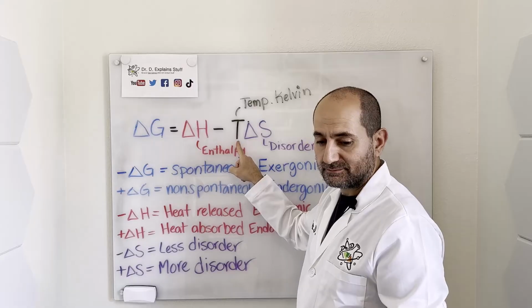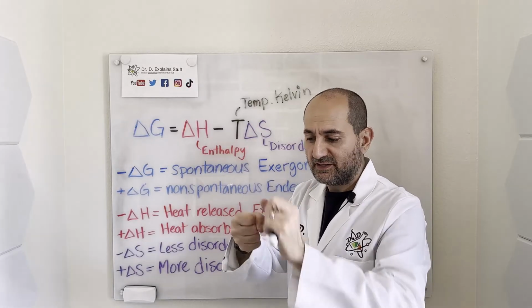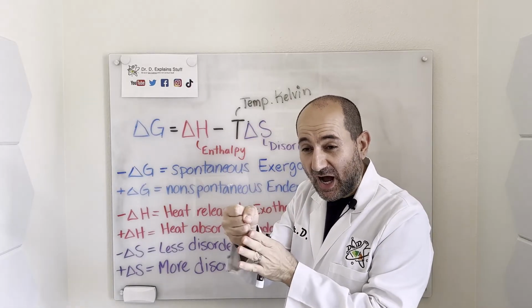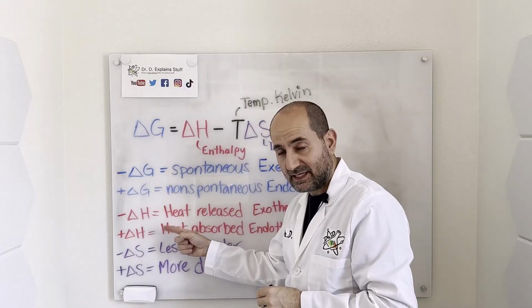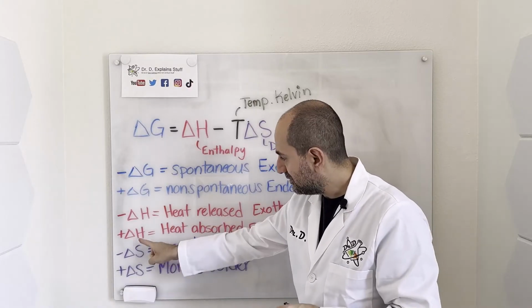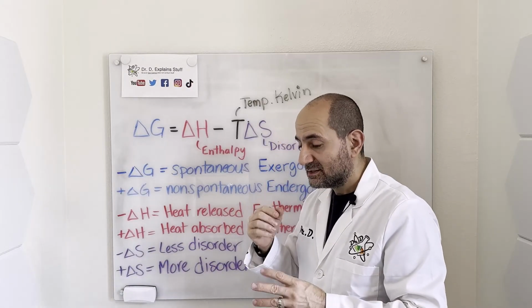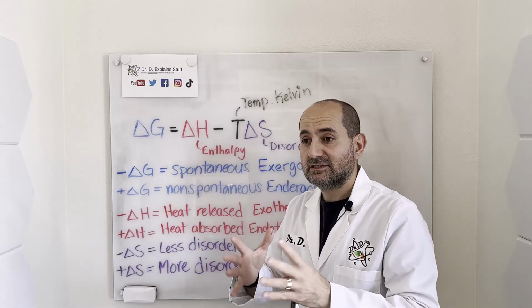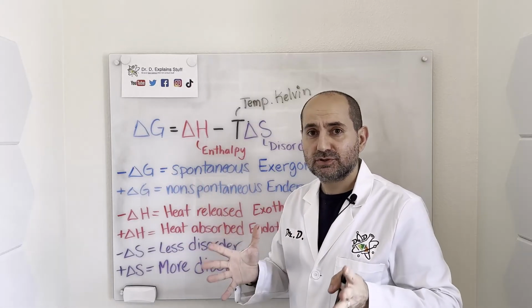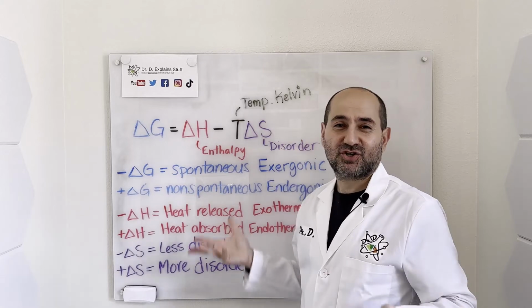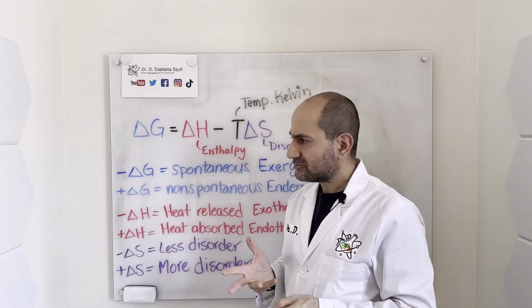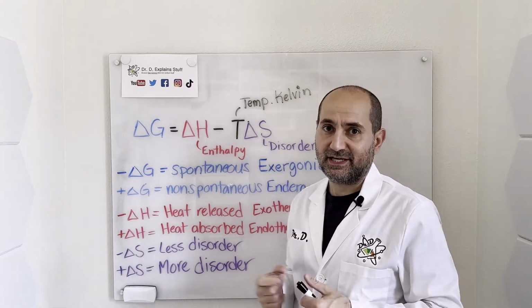Okay. Regardless of if the reaction gets hot, well, that would be a negative delta H, or cold, that would be a positive delta H. That's not the point. The point is, at what ambient temperature did that reaction occur? Does that make sense? That's what we're talking about with Kelvin.